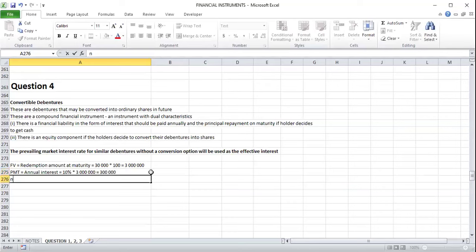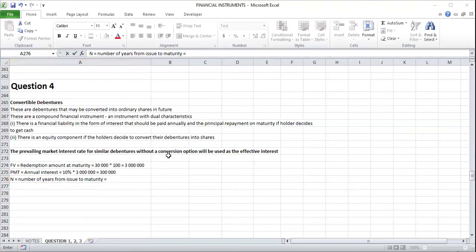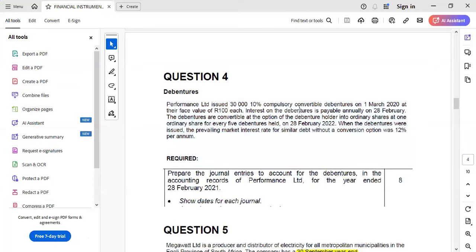And the number of years from issue to maturity: they were issued on 1 March 2020, and they'll be converted on 28 February 2022, which is 2 years.